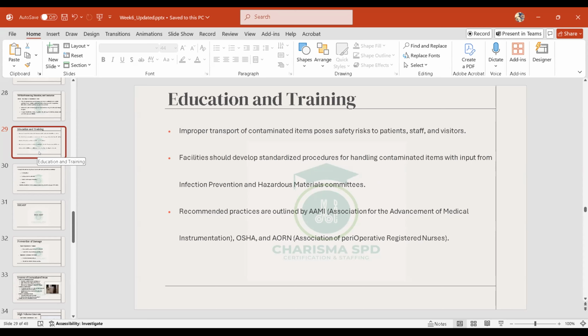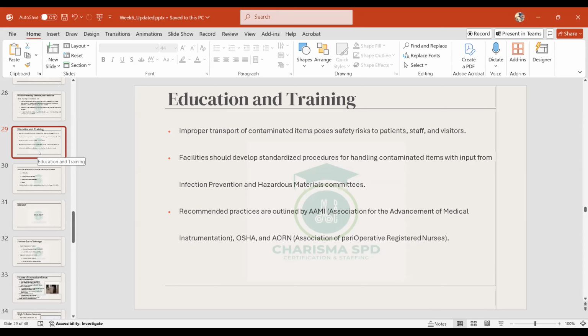Facilities should develop standardized procedures for handling contaminated items with input from infection prevention and hazardous materials committees.